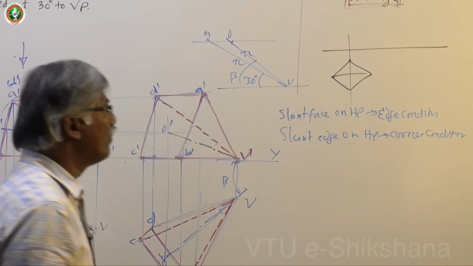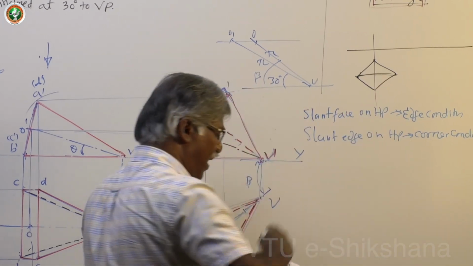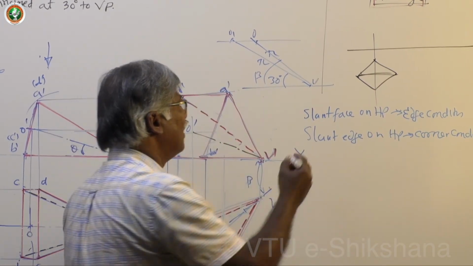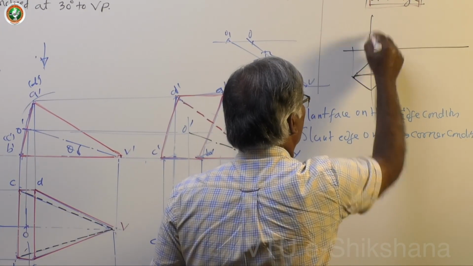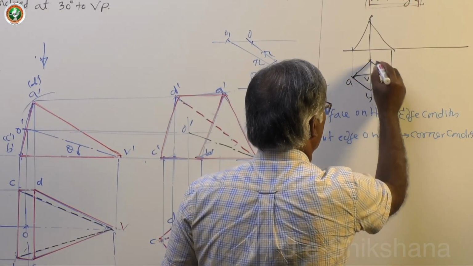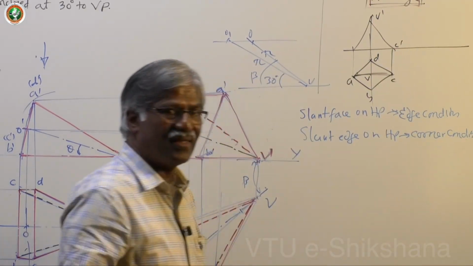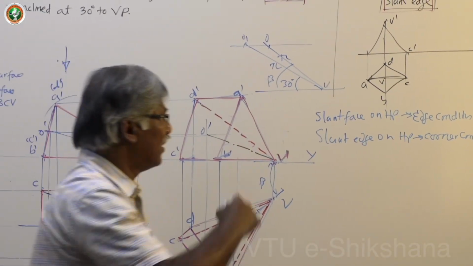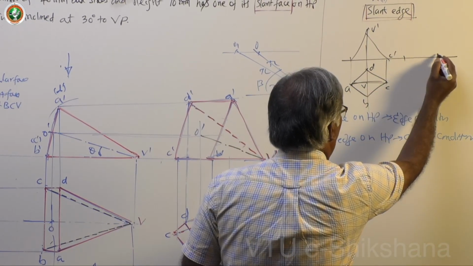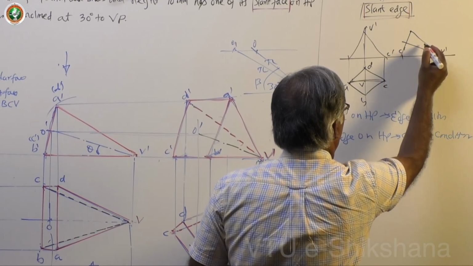This is top view. This slant edge projection, basically diagonal I refer. Then you get the corresponding front view like this. I concentrate on A, B, C, D. VC is the reference for me, V dash C dash is the slant edge, that will be on ground, or C dash, this is V dash, you get this figure redrawn.